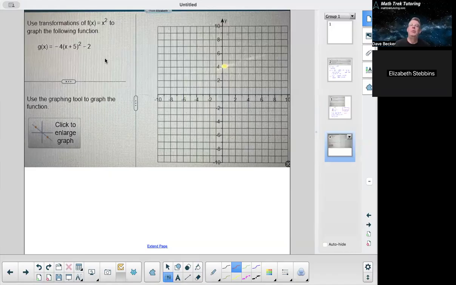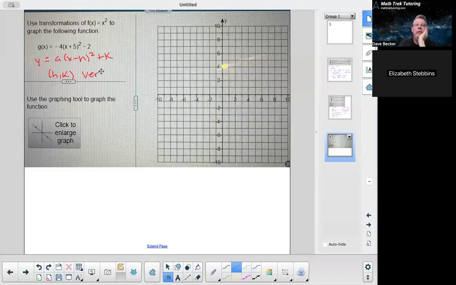You don't have to do that. If you set it equal to 0, that would give you the x-intercepts, but you don't have to do that. If you recognize this as being in the form a times x minus h squared plus k, does that sound familiar at all? Yes. Okay, well, that means that (h, k) is the vertex.